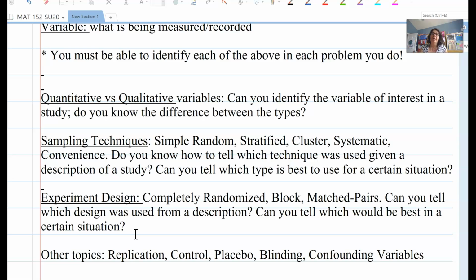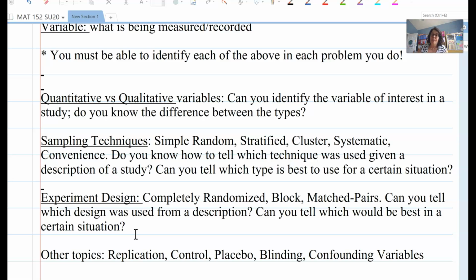So the proportion of blonde girls in 152 class, or the proportion of people who voted for this president, or things like that. That's a categorical variable that you can identify in terms of proportion. Quantitative variables are the variables that you can count.